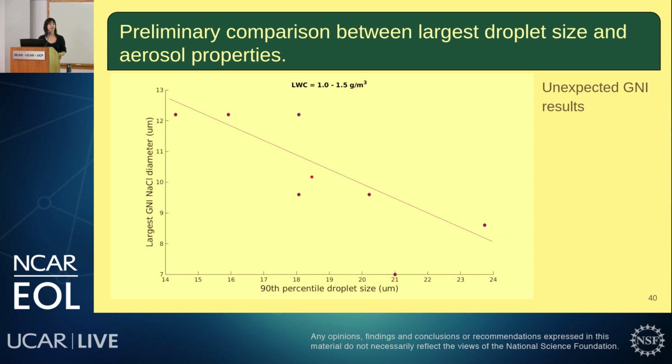It's the opposite trend than I would have thought, where you see larger salt aerosols, but smaller 90th percentile cloud droplets. So I would say that these preliminary results are just inconclusive at this point.